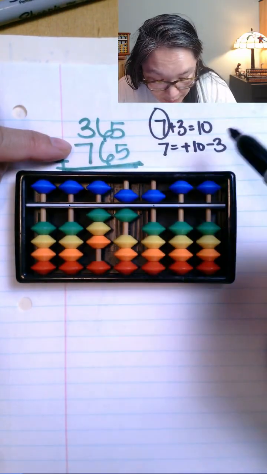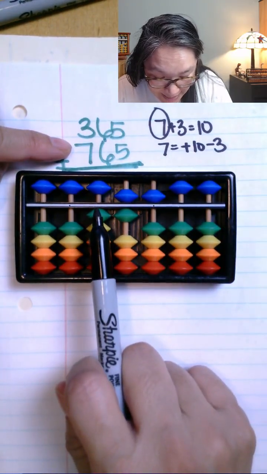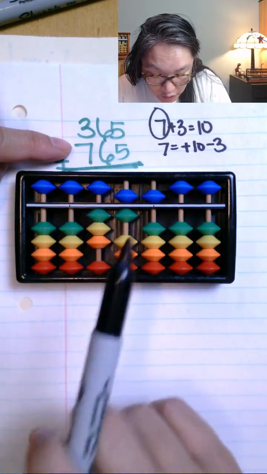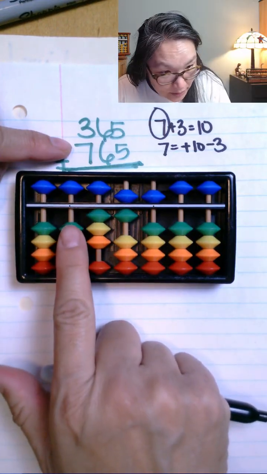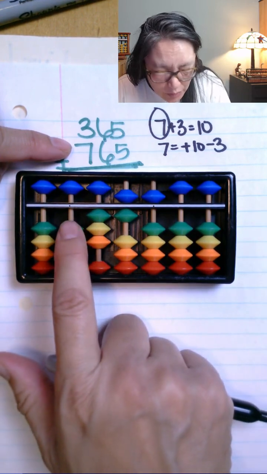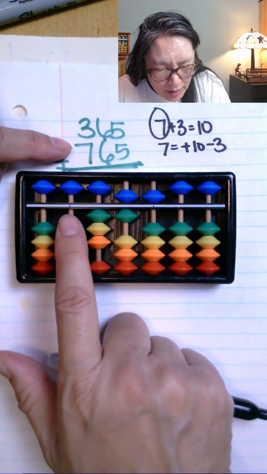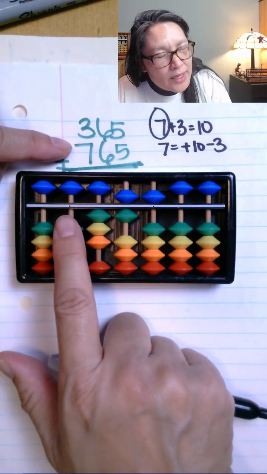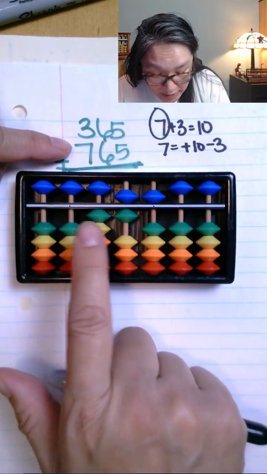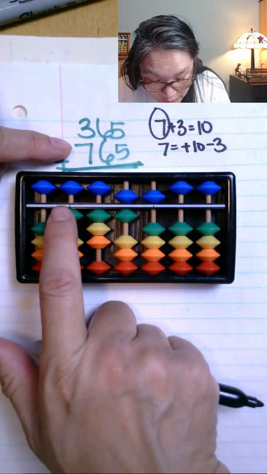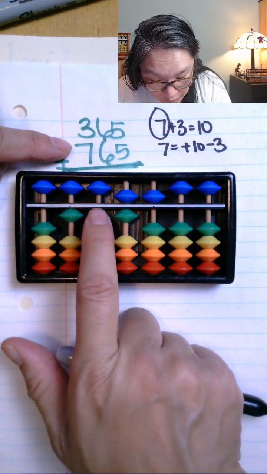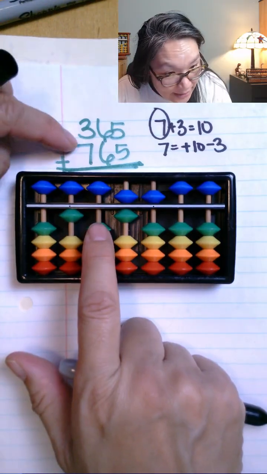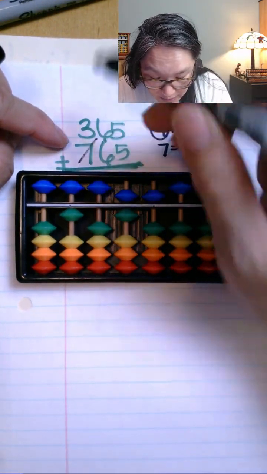Why are we going to do that? Because we don't have enough beads to add 7. We need to utilize our 10 to make our 10 useful. We know if we add the 10, it's too much. So we have to take away the 3. So that's adding 7, and we're done with 7.